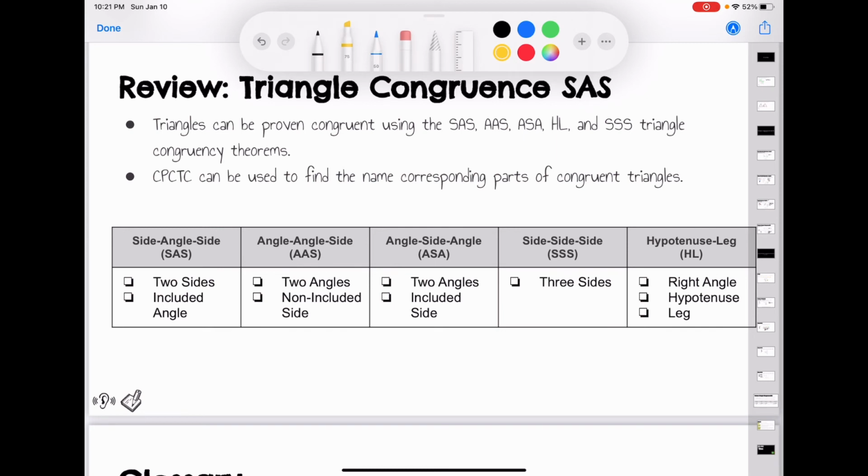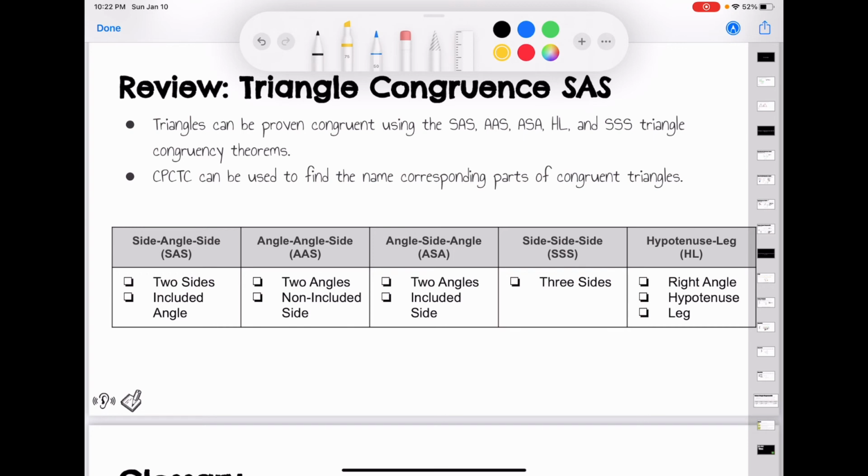I have also included here a table which indicates which criteria must be met for each of our different theorems. So for the side-angle-side theorem, we need to prove that any two sides are congruent and then the included angle is congruent. For the angle-side theorem, we need to prove that any two angles are congruent and the non-included side. For our angle-side-angle theorem, we must prove that any two angles are congruent, and then our included side.